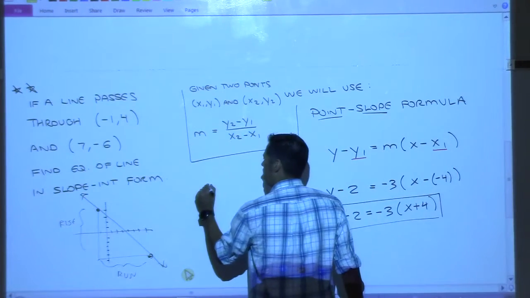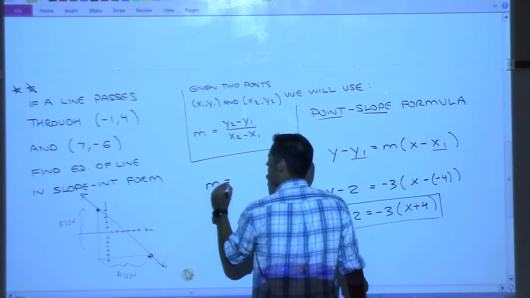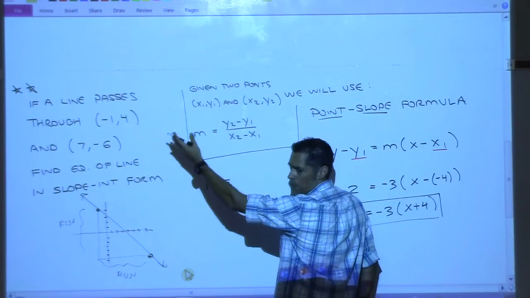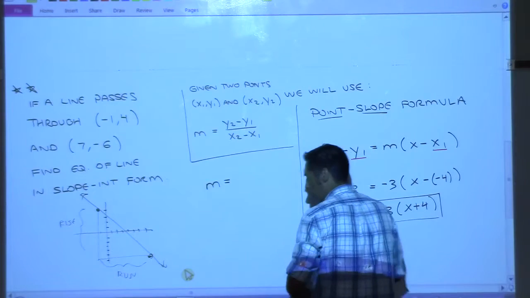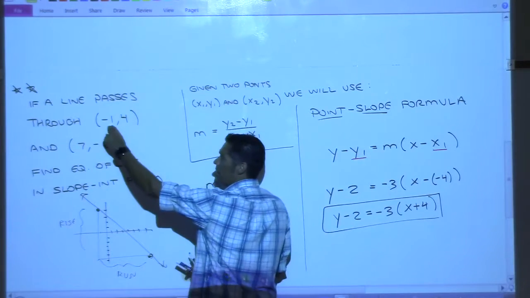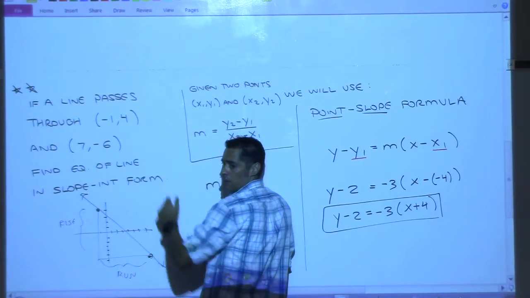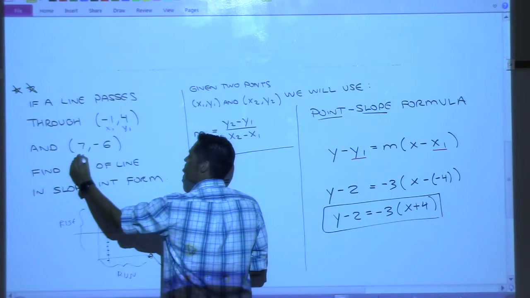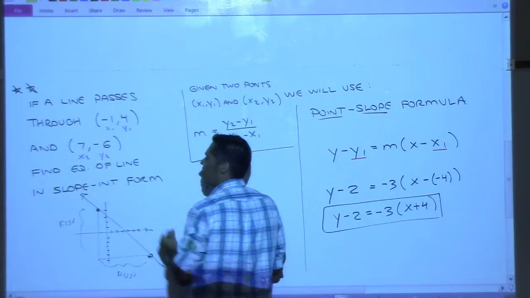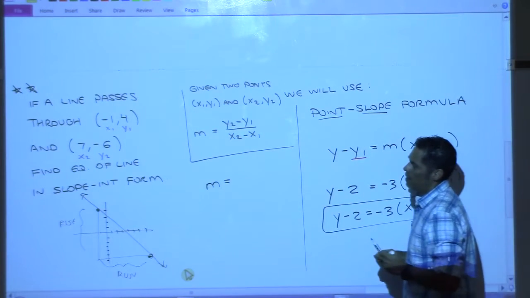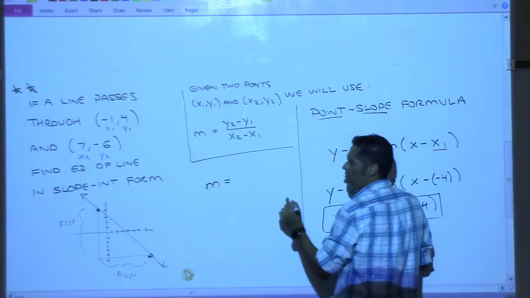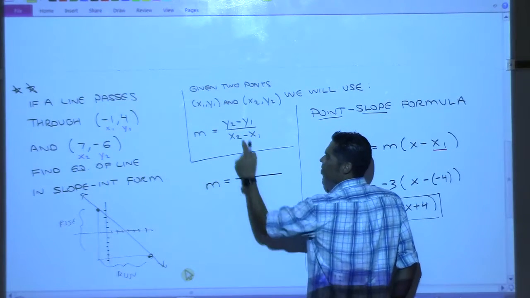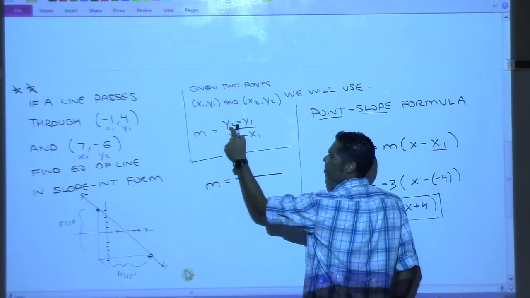So let's do that. When I do m here, you're going to do y2 minus y1. So over here, we should probably label these how we want them. So I'll do x1, y1 on the top one, x2, y2 here. Go ahead, you can tell me what I need to write. So we're going y2 first.